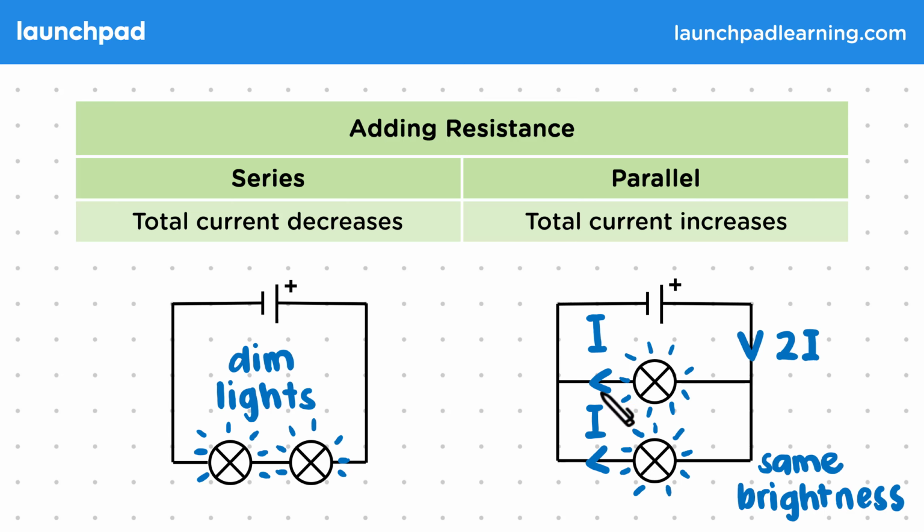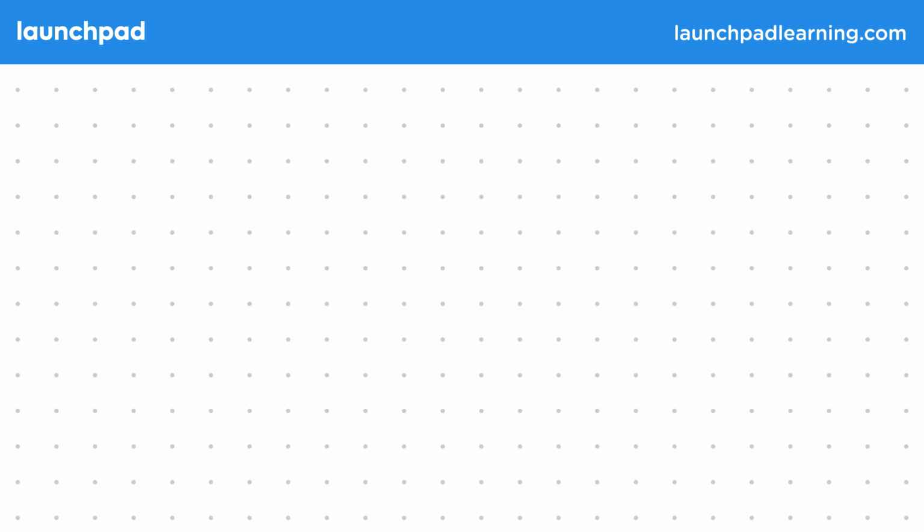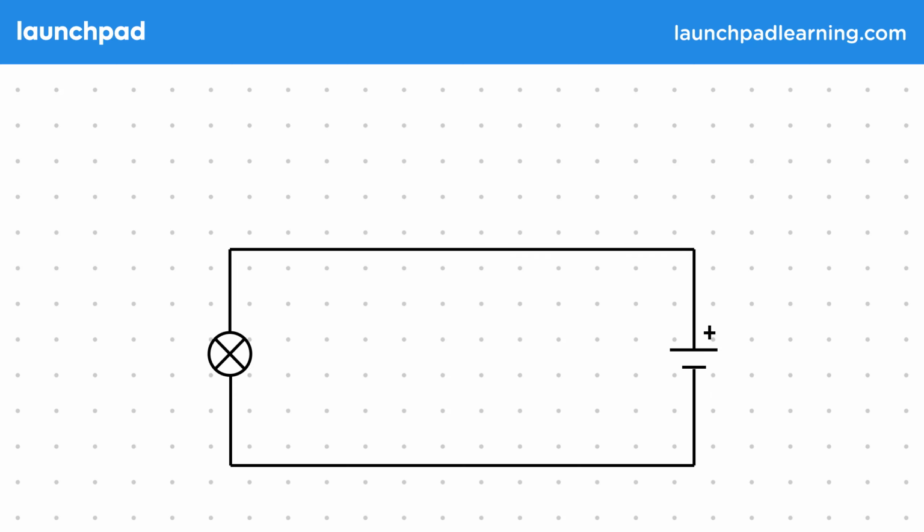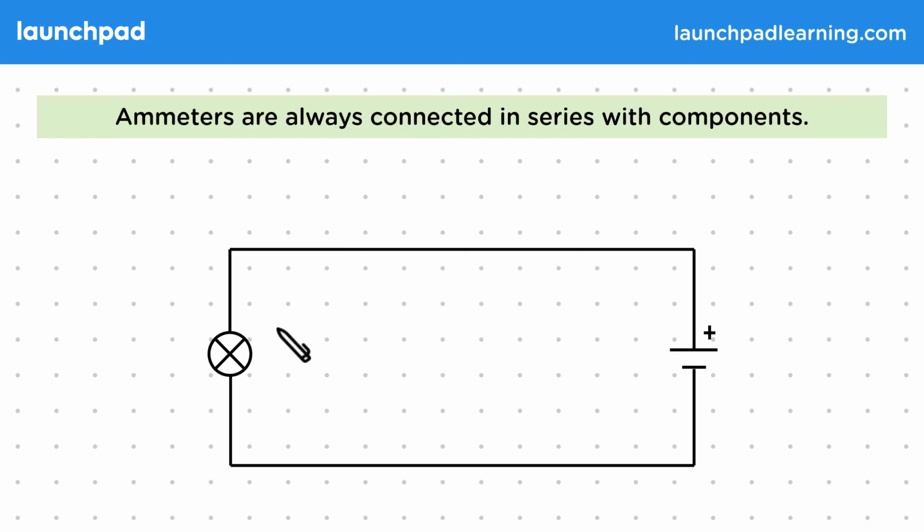Make sure you're able to recall all of these rules for your exams, as they will help you with many different types of questions. But what's one more key part of circuits that we need to remember the distinction between series and parallel components for? We need to consider this when measuring the current and potential difference for a component in a circuit like this, using ammeters and voltmeters.